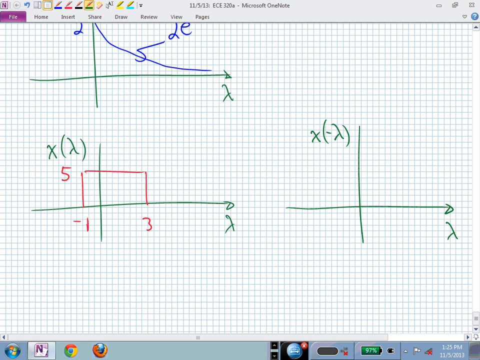In this case, t is a variable, and lambda is my variable of integration in the convolution integral. What does x of minus lambda look like? Now I just flip it across the vertical axis. So I just rotate it. And now I have x of minus lambda.